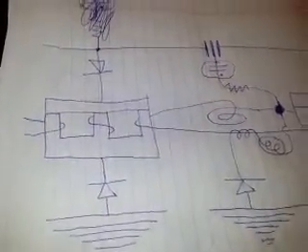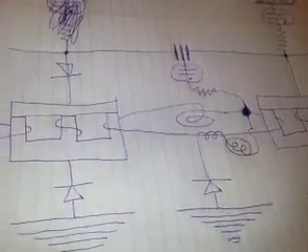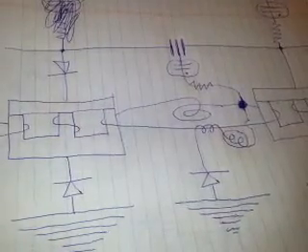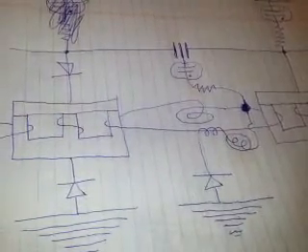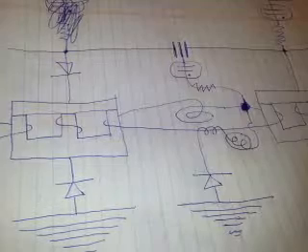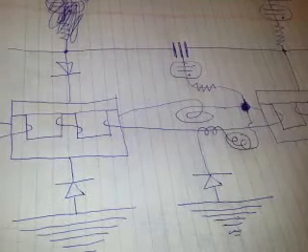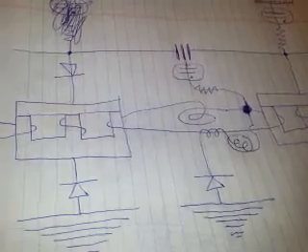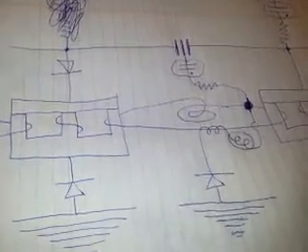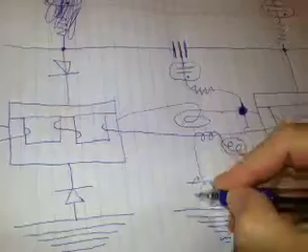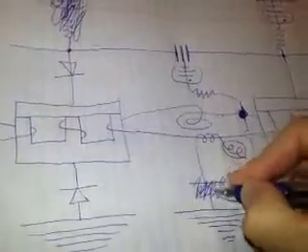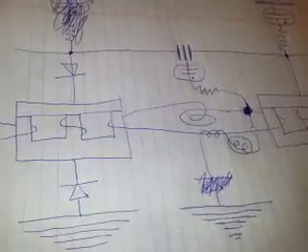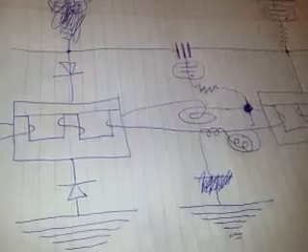Well, that is weird. So what that means is that this has no diode here. The diode is meant to protect the circuit, but why protect this area?